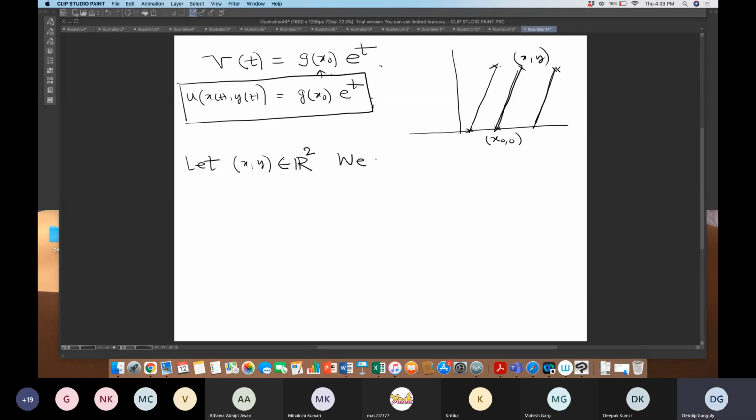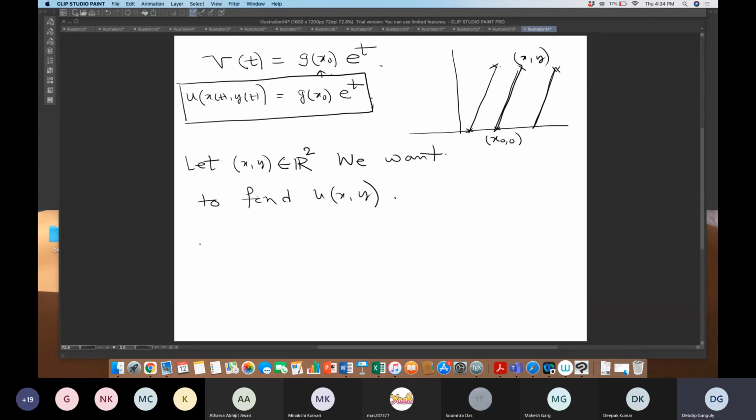We want to find u at the point (x, y). What will we do now? I think first we will try to write t in terms of x and y. Exactly, t in terms of x and y.